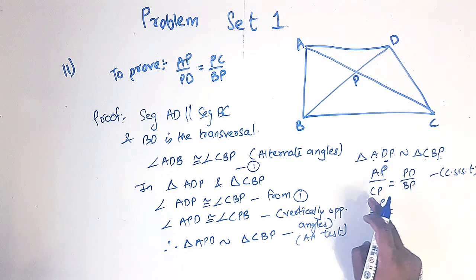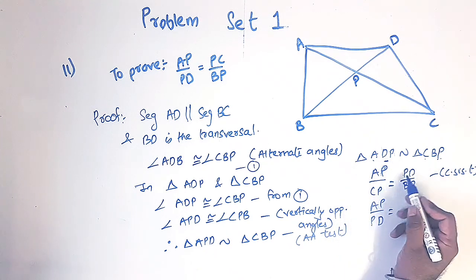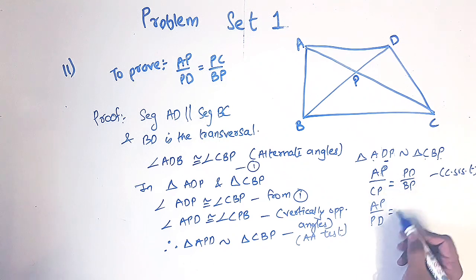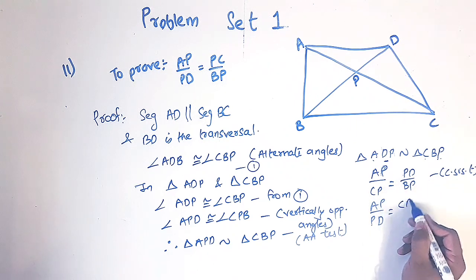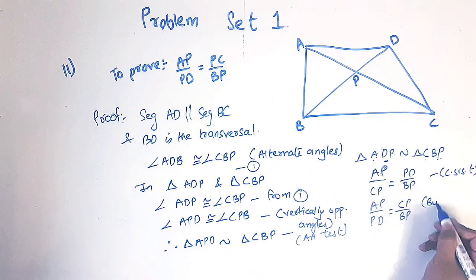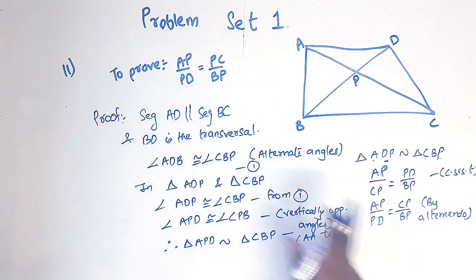In A upon B equals C upon D, the positions of B and C get interchanged, that's it. So PD and CP will come here upon BP. This is by alternando. So we got what we wanted to prove, hence 11th one is proved.